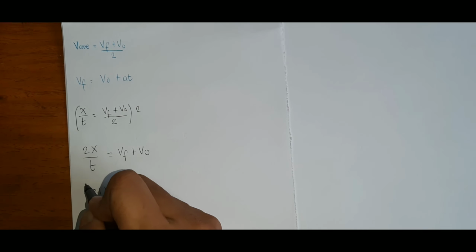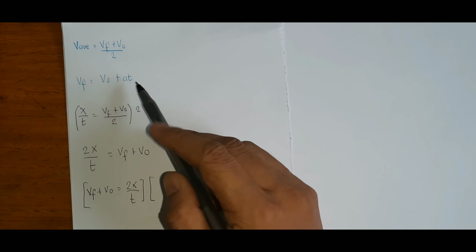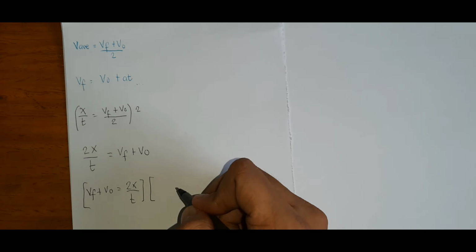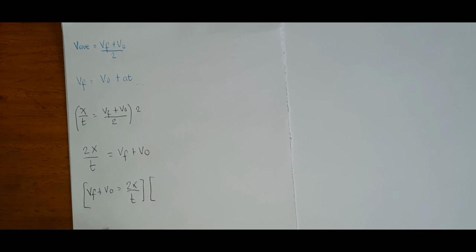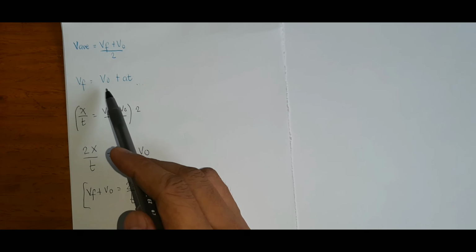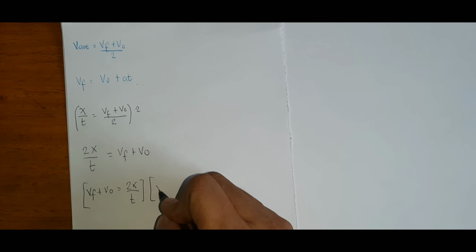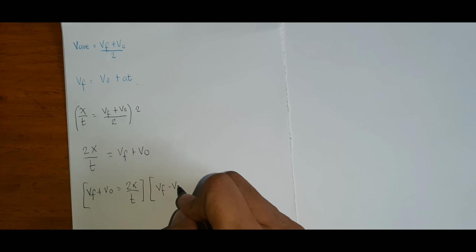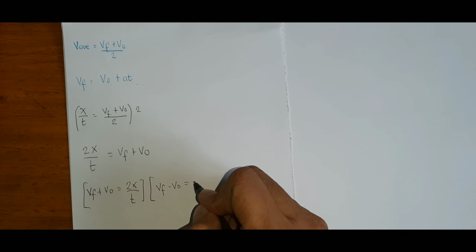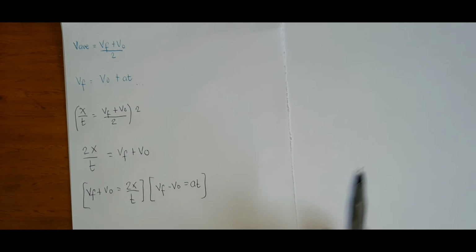I just rearranged the equation so that when we multiply this one to this equation, we will have all of your velocity on the left side and the other variables on the right side. So I'm just going to transpose this to the other side. So vf minus vo is equal to at. So this equation and this equation are the same.